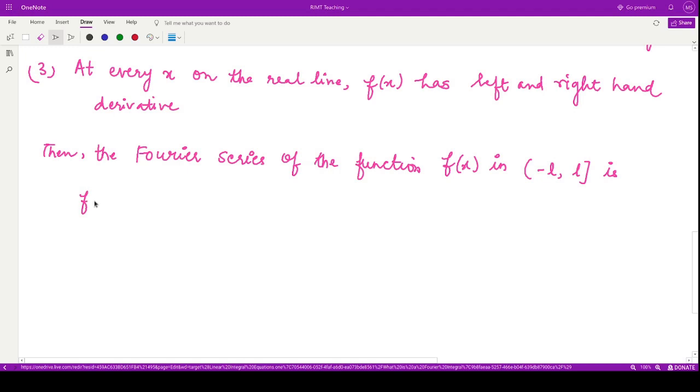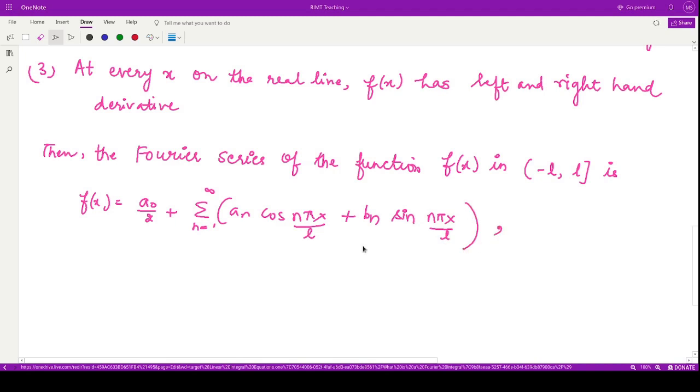This is given by f of x equal to a naught by 2 plus summation n varies from 1 to infinity of a n cos n pi x upon L plus b n sin n pi x upon L. This you already know. The coefficient a naught is given by 1 by L, integration from minus L to L of f of t dt. This t is a dummy variable, so I can use t here instead of x.